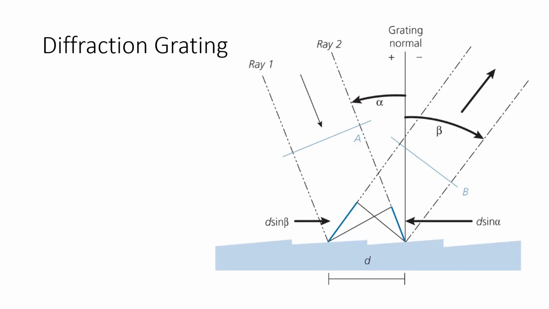So again, what happens is we have this collimated beam coming in of multiple wavelengths. It comes in at some incident angle alpha, it's going to hit this diffraction grating, and you see the way this diffraction grating works. The way it works is that you've got these grooves that are cut into it, right? And so these are all kind of at an angle.